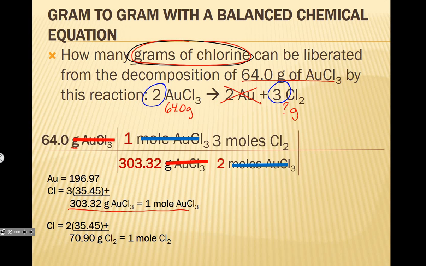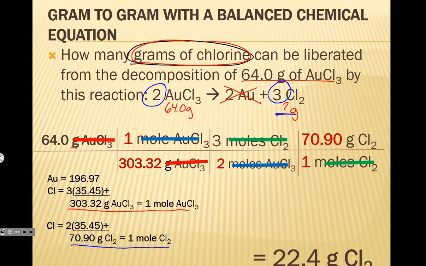I got to go from moles to grams because I'm still not back to grams of chlorine. So on the bottom, I'm going to put my 1 mole of chlorine, and on the top I'll put the 70.90 grams of chlorine. Again, stopping to cancel out moles.